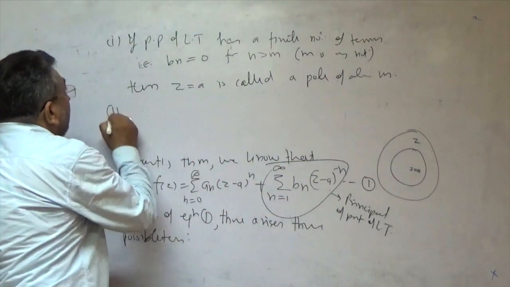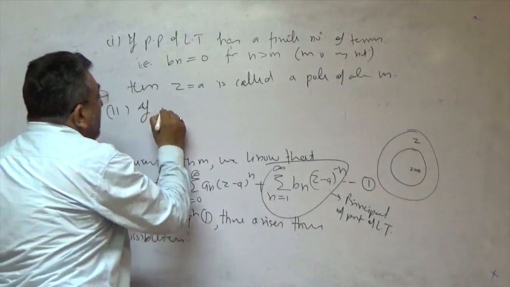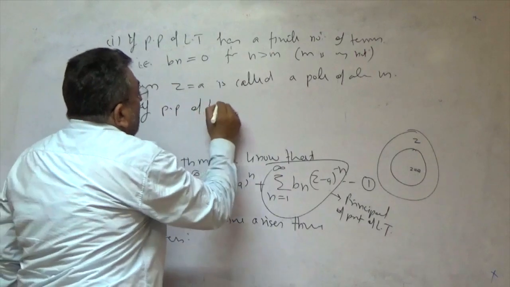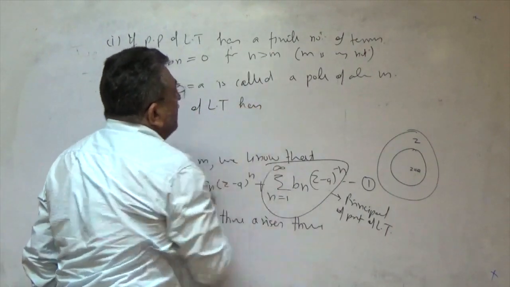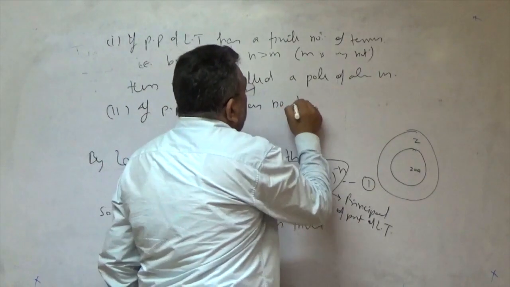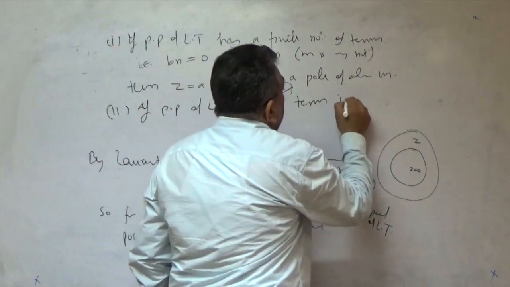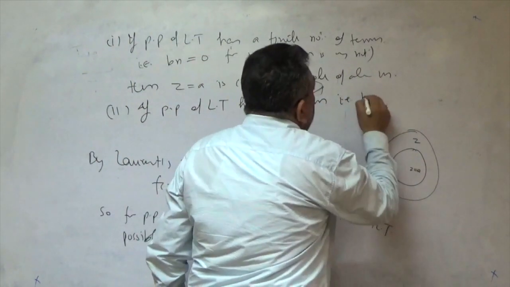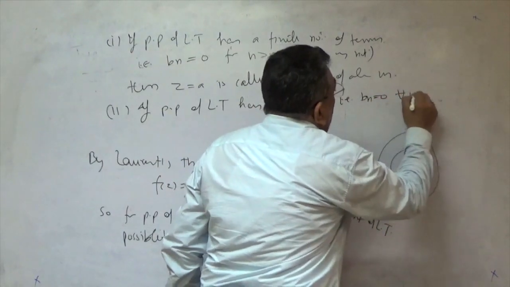Second thing, if the principal part of the Laurent theorem has no term, that means b_n is 0 for all n.